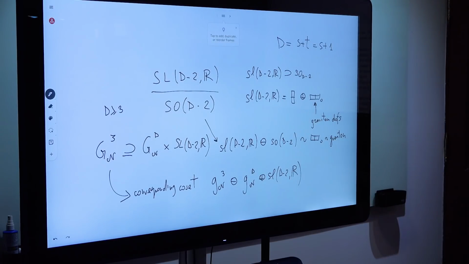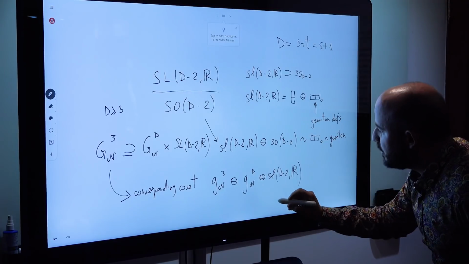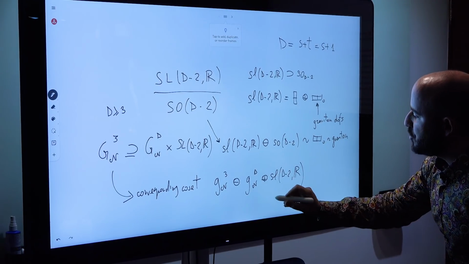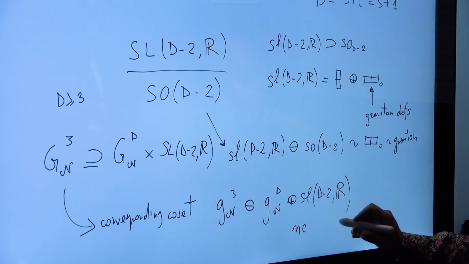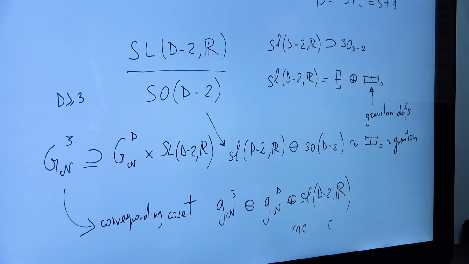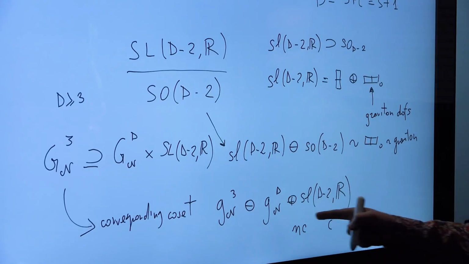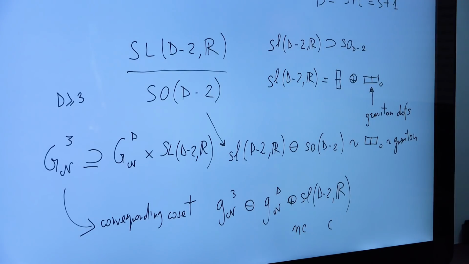So this coset is in general a pseudo-Riemannian coset, which means that there is a certain number of non-compact generators and a certain number of compact generators. And in general, all pseudo-Riemannian cosets can be endowed with a character. The character is essentially the difference between the non-compact generators and the compact generators.